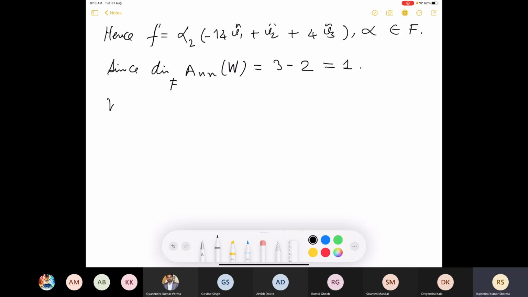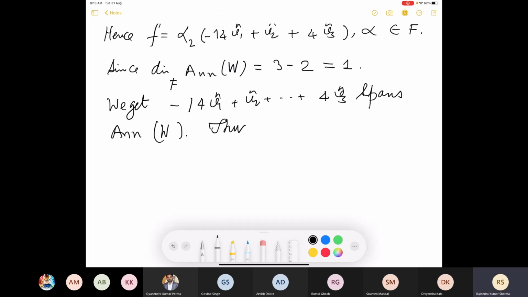So what we get is that minus 14 v1 hat plus v2 hat plus 4 v3 hat spans the annihilator of W.